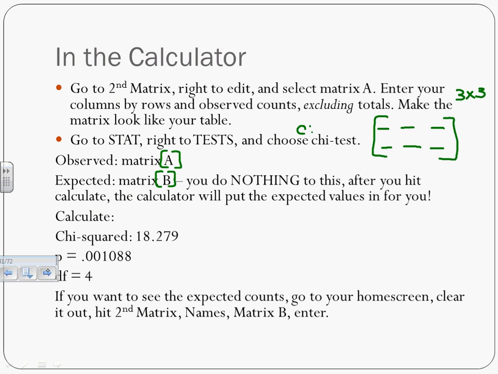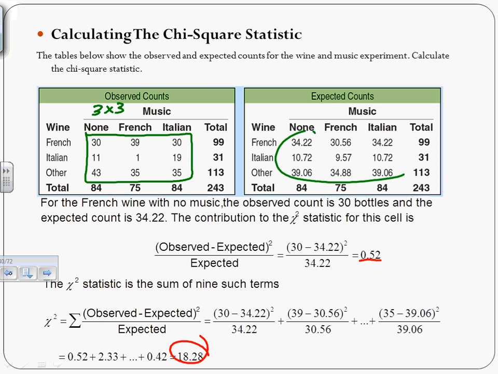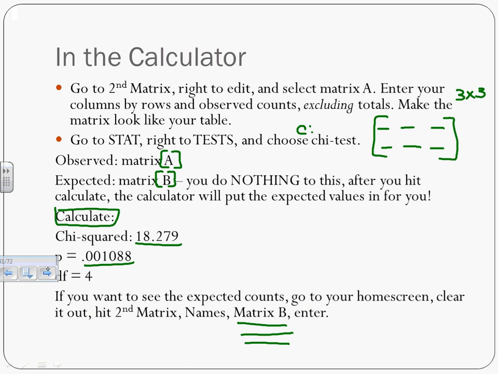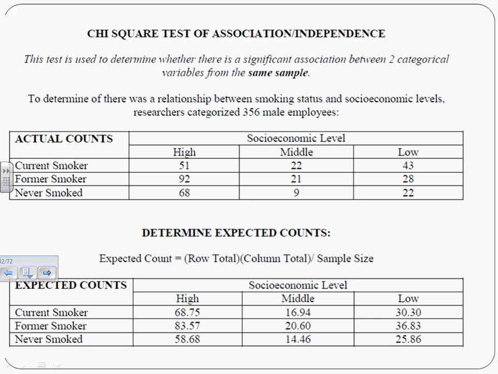So just put B in there, but don't put anything into that matrix B. Then when you hit calculate, you can find the chi-squared statistic and your P. Now if you go back to matrix, hit edit B, and look at what's in matrix B, guess what you're going to find? All of these, even though you didn't put them in there. That test just put them all in there for you. Saves you a lot of work, but you still need to know how to find them by hand.